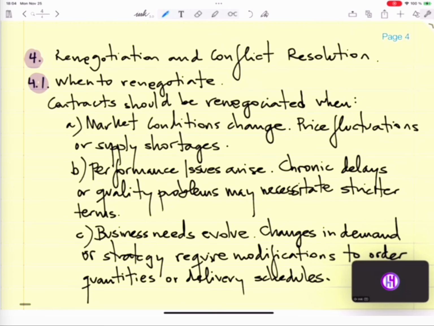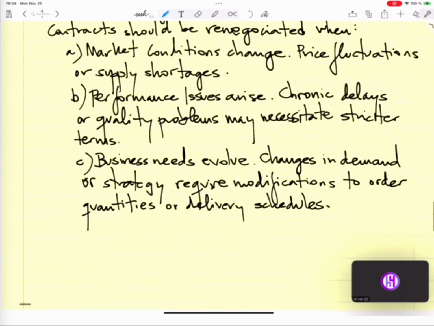Okay, if you don't need the product anymore, or you need more product, or you need less product, you can renegotiate the price. Whenever you are changing the terms, prepare for a higher price. Okay, so whatever the reason.